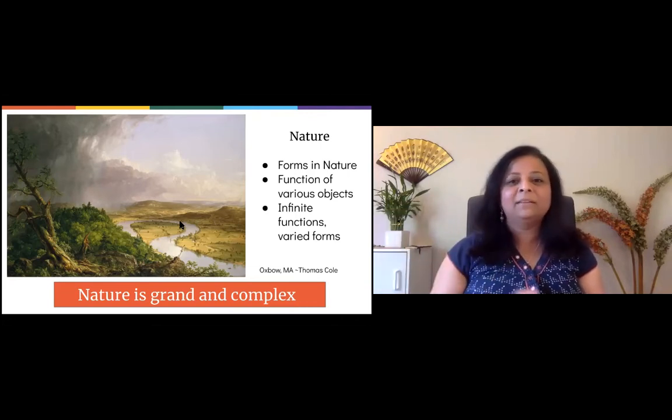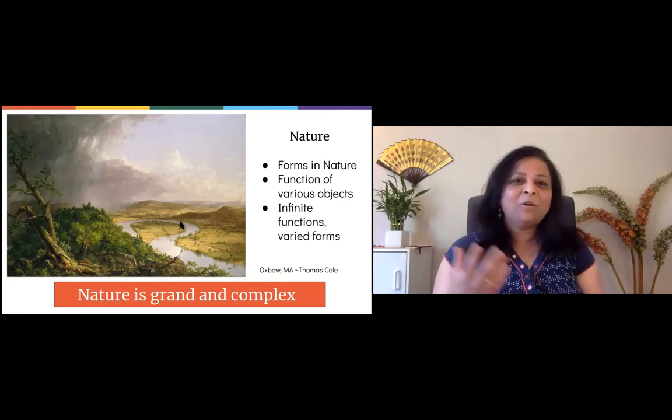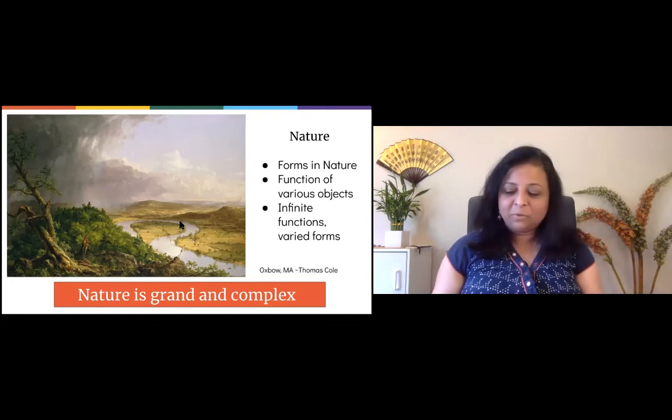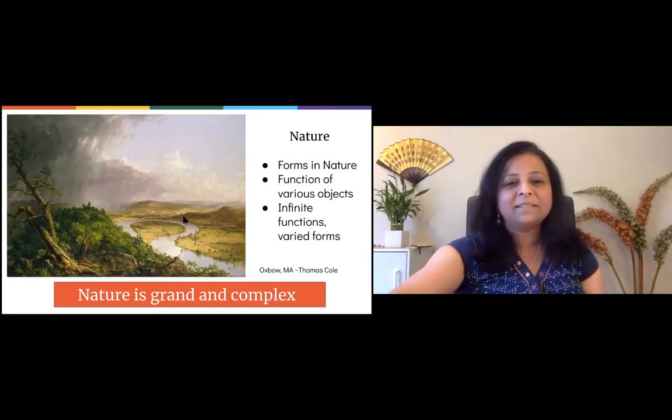There's life by the water, there's the river, and often the image of a river and our journey in life is comparable. So these are some of the influences that also shaped Sullivan's thinking.